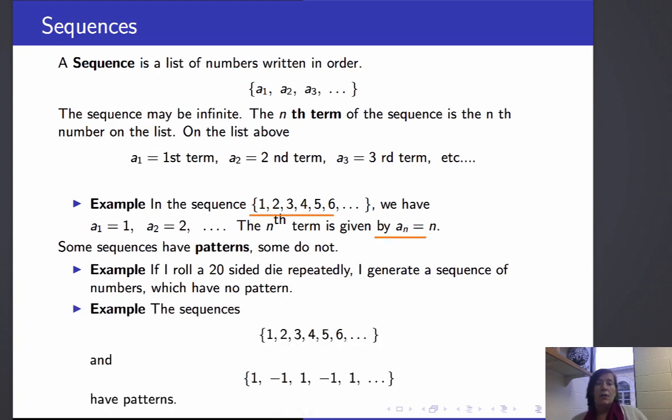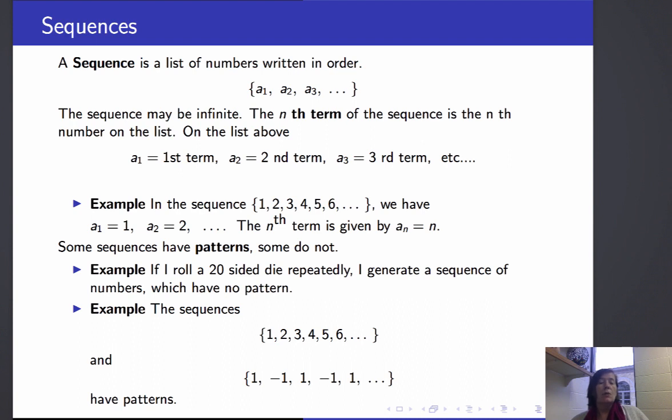On the other hand, the sequence we looked at above does have a pattern, and I can actually write down a formula for the nth term. a subscript n is n, and this alternating sequence where the terms alternate between 1 and -1 has a pattern. I can always tell what the next term is going to be.